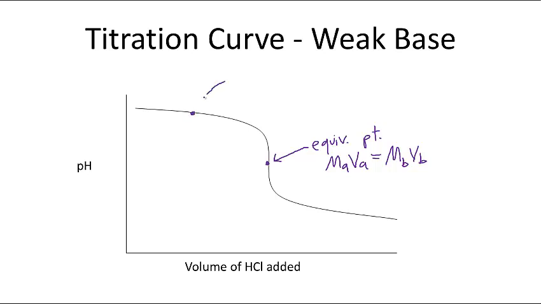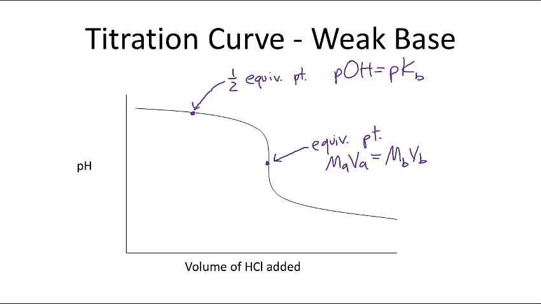If I go to the half equivalence point, for a base, I wouldn't be talking about Ka, I'd be talking about Kb. So at the half equivalence point, we would say pOH equals the pKb.